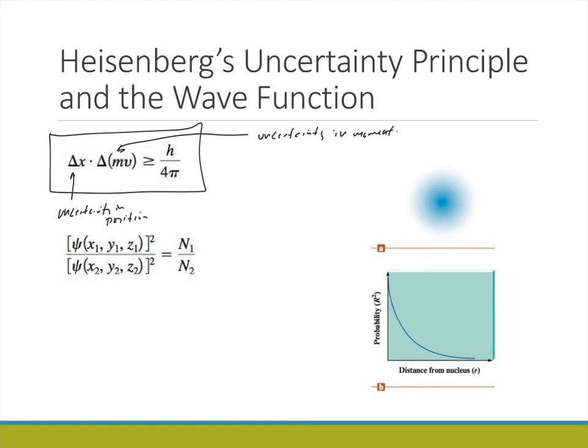Now, momentum is equal to mass times velocity. We've already sort of talked about that. The uncertainty in position times the uncertainty in momentum must be greater than or equal to h over 4 pi, where h is Planck's constant.